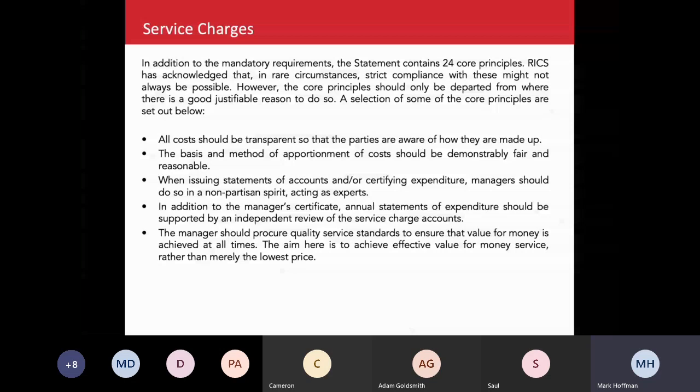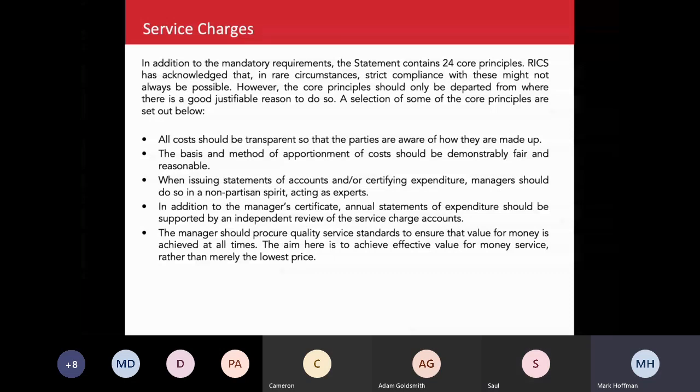In addition to the manager's certificate, annual statements of expenditure should be supported by an independent review of the service charge accounts. The manager should procure quality service standards to ensure that value for money is achieved at all times. The aim here is to achieve effective value for money service rather than merely the lowest price. This is very important when it comes to service charges.